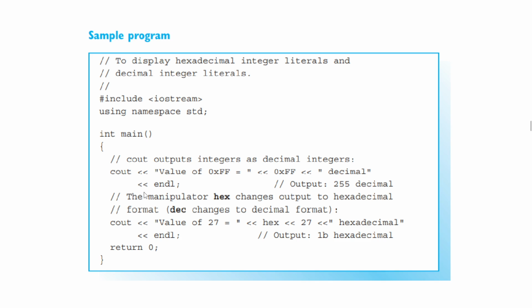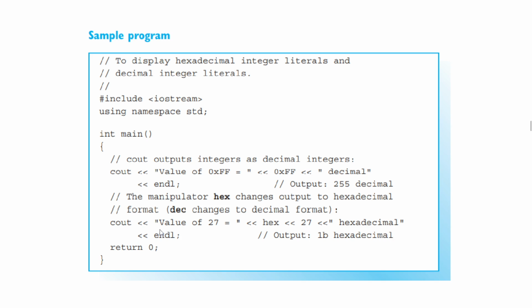Now, let's look at the next line. This second bit here is going to be a bit different, because if you read this properly, it says the manipulator hex changes the output to hexadecimal instead of decimal. Now, hex is a function that interacts with the cout object to change that output from decimal to hexadecimal.